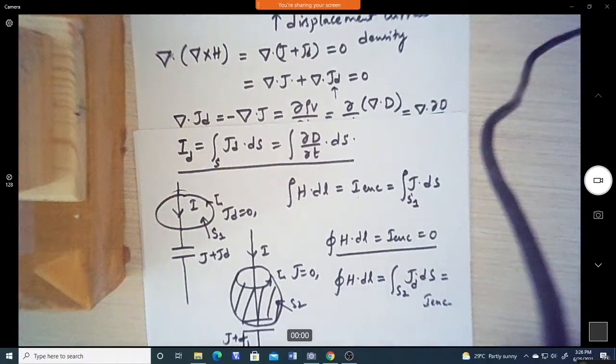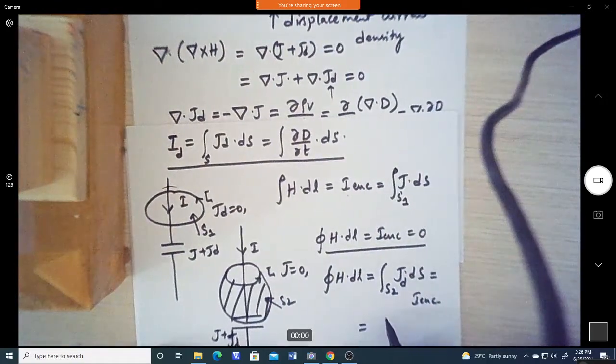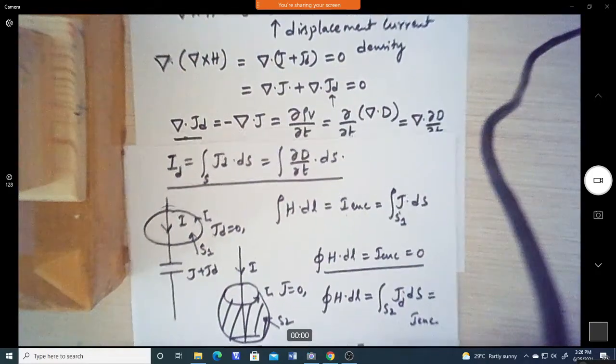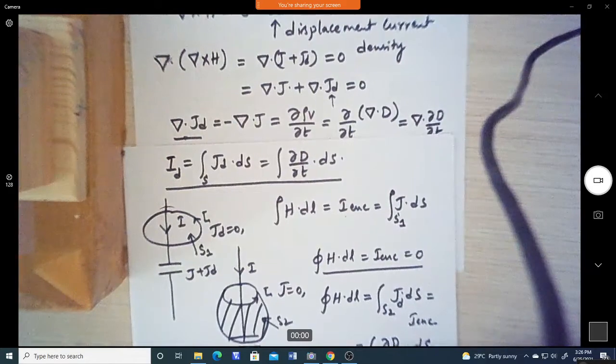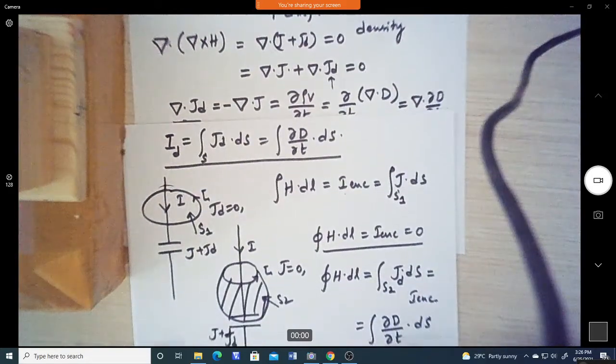So this is what we are going to get, and we can express this displacement current in terms of the rate of change of charge. We know J_D in terms of the flux density is del D by del t. Now on surface 2, if I take the differential term outside, we get D dot ds.